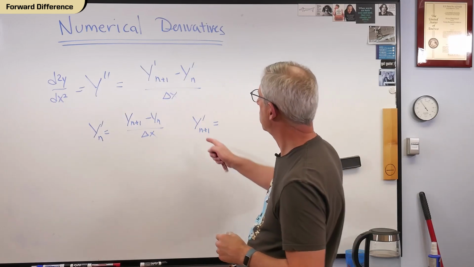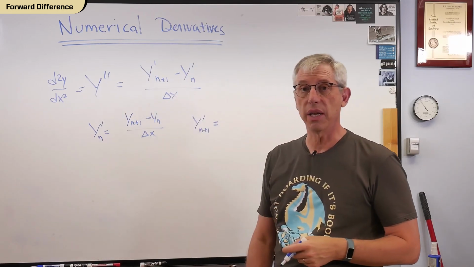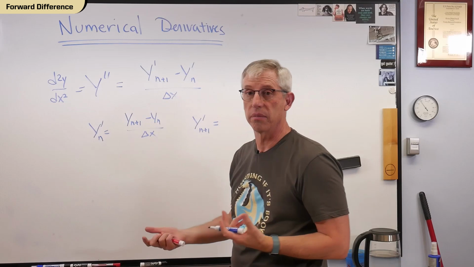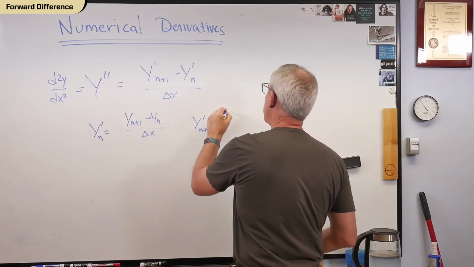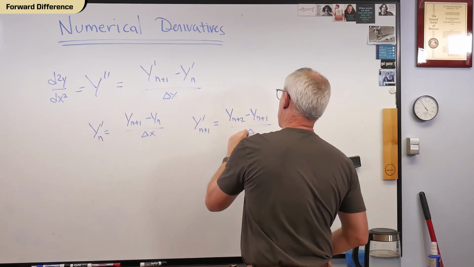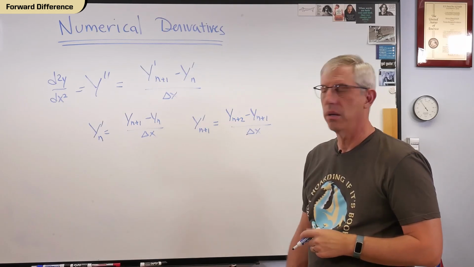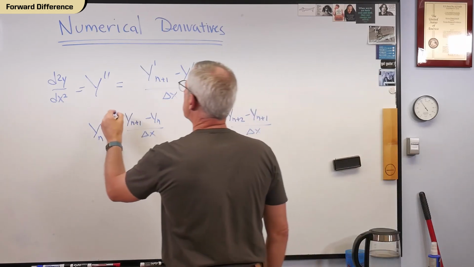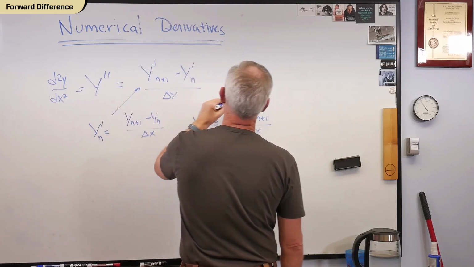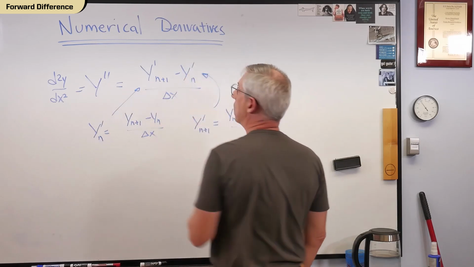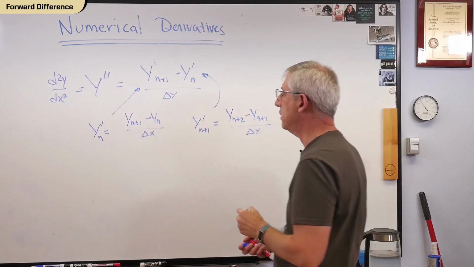I'm probably just going to increase the indexes and write it down again. So far so good. Now let's plug this in there and that in there, and see what happens.